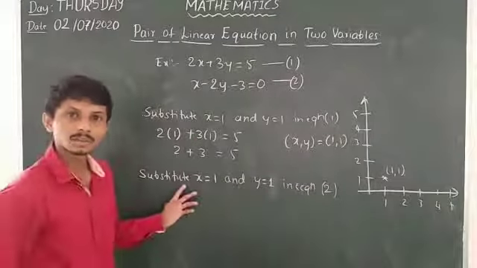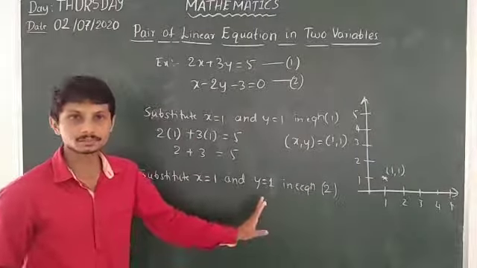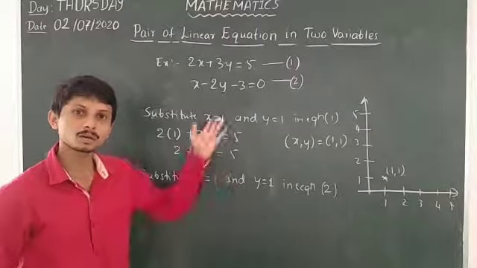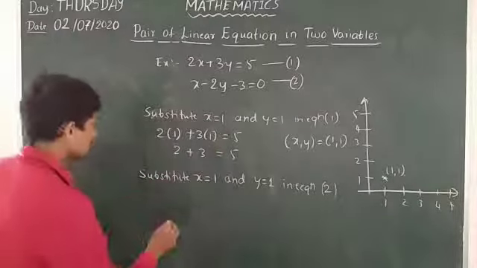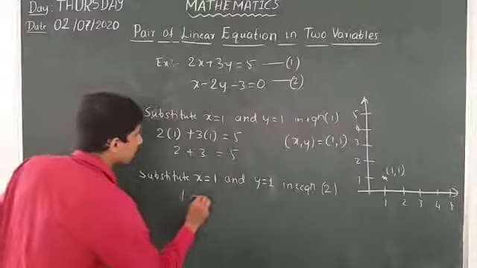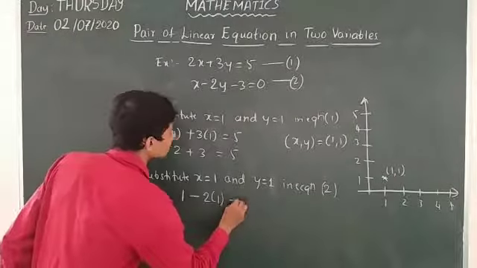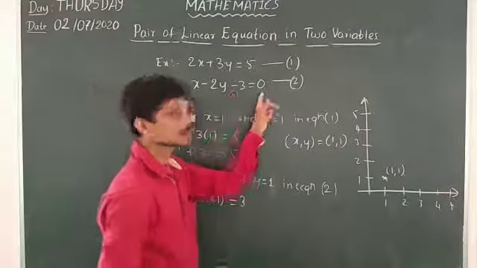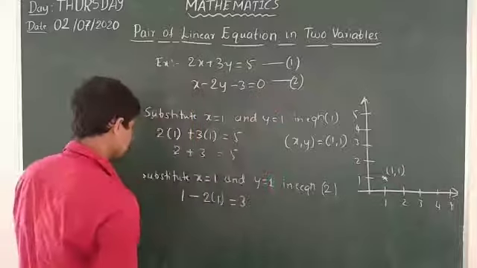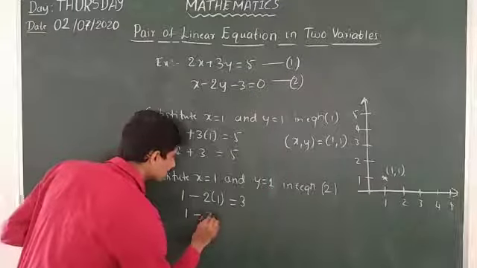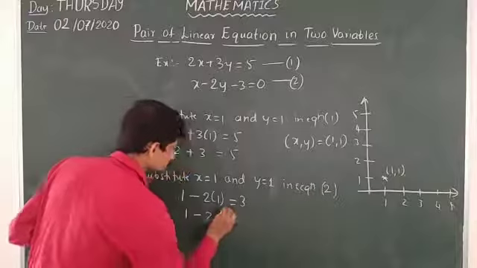Same coordinates 1, 1. Whether it may be true or not, we just have to check. 1 minus 2 into 1 is equal to 3, after transposing minus 3 to the RHS side. 1 minus 2 is equal to 3. It's not equal.